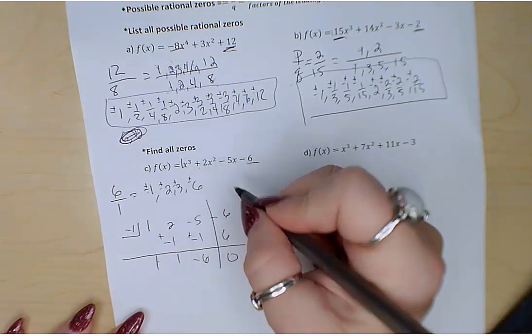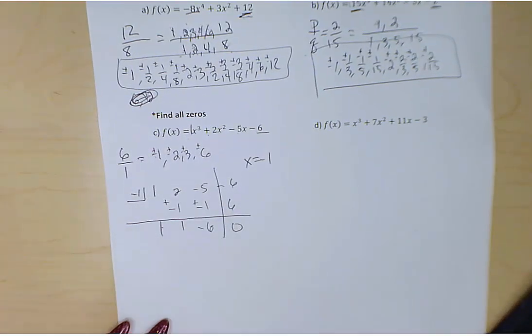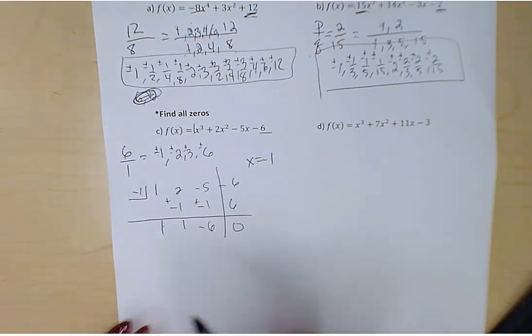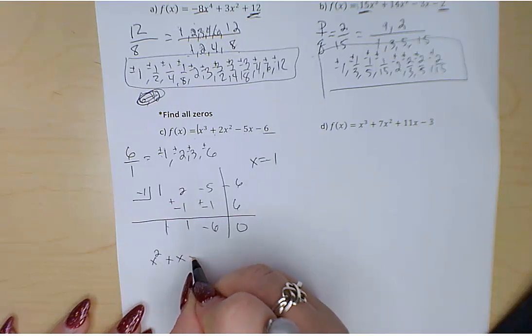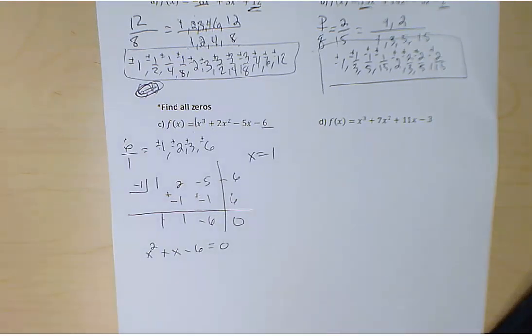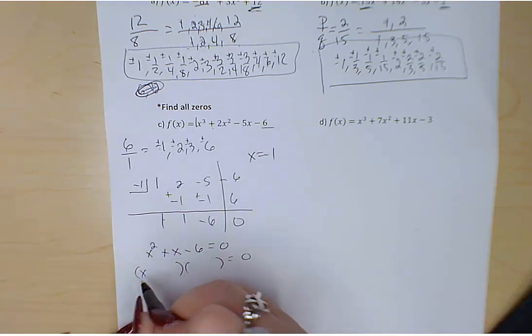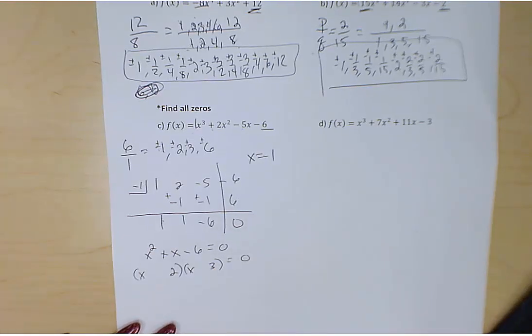So x does equal -1 here. Our remaining numbers here, again, represent the quadratic equation that we get from this. That is 1x squared plus x minus 6 is equal to 0. Let's see if this thing factors. So x times x is x squared. 2 times 3 is a 6.